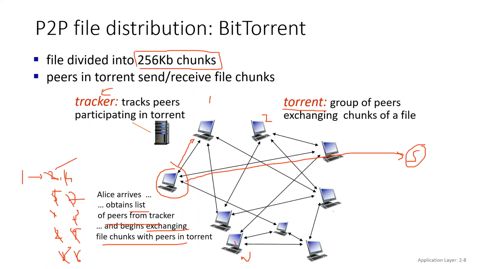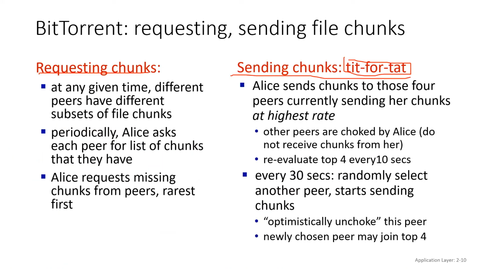If you take chunk 2 and 4, then you're missing a couple of other chunks. Remember that if there are 10, it means that you're missing 8 of them. So you will be requesting the missing chunks from your different partners. But then there are a couple of algorithms for looking for the chunks. You don't just look for them. There are multiple algorithms for that. But the most common one is the rarest first.